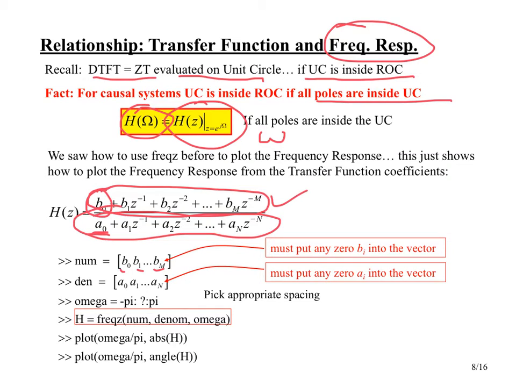So my preferred way of using this is to create your own omega vectors. These are the discrete time frequency points at which you want to evaluate the frequency response. We know it has to go from minus pi to pi. What we don't know is how close our spacing should be.